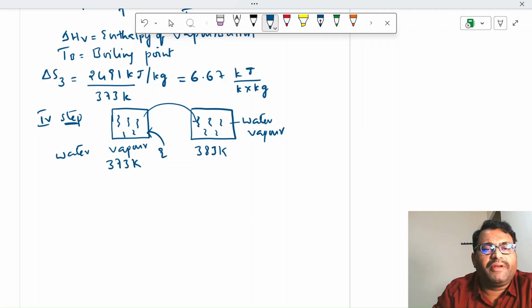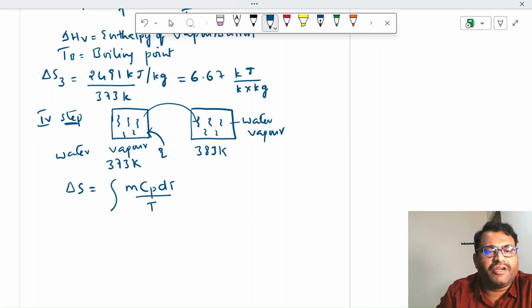This is all happening at constant pressure. Again, we can use the formula delta S is equal to the integration of m Cp dT by T, which we derived before.